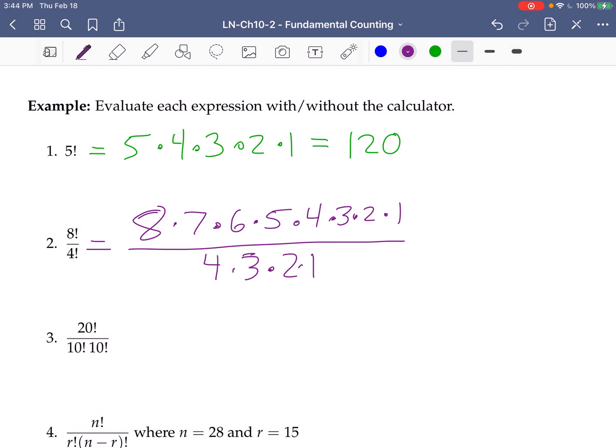In this problem, we have a lot of nice cancellation that happens. That 4 and that 4 cancel, the 3 and the 3, the 2 and the 2, and the 1 and the 1. So what we're left with on top is just 8 times 7 times 6 times 5. And if we multiply those out, we have 1680.